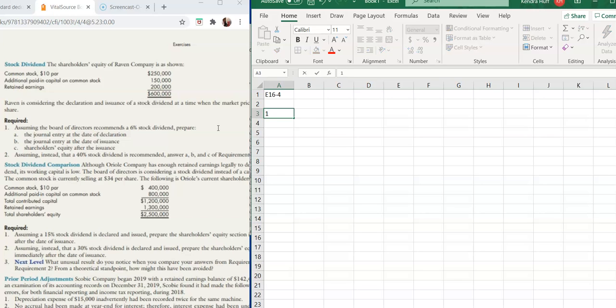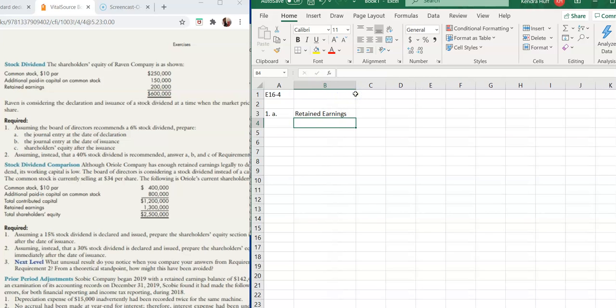Okay, so 1A. All right, journal entry at date of declaration. Okay, so we're doing a stock dividend. So we're going to debit retained earnings. We're going to credit common stock to be distributed.